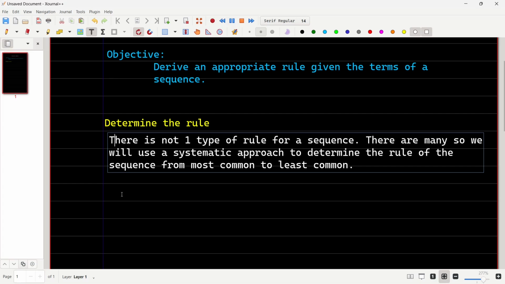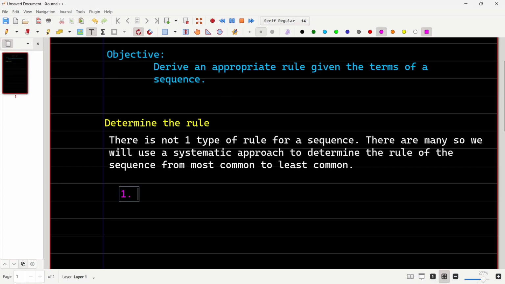All right, so the first one that you would use is to observe the terms of the sequence. Now what do I mean by observe the terms? Some sequences that you encounter are going to be very simple, for example, the set of natural numbers, set of odd numbers, set of even numbers, set of multiples of 2, things like that.